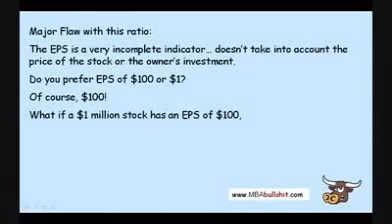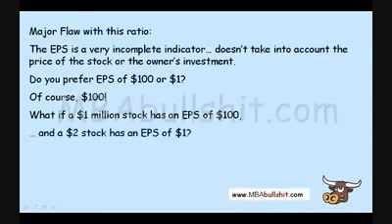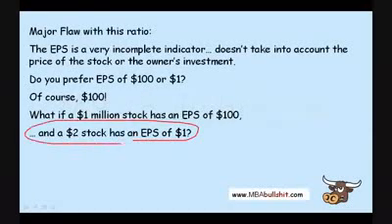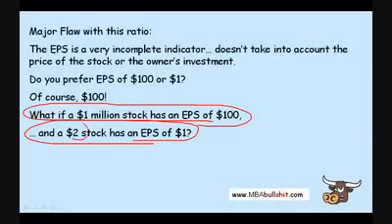of only $100? Or what if you paid only $2 for a share of stock, and then it had an earnings per share of $1? As you can see here, you would prefer this one instead of this. You invest only $2, then you get $1 in earnings.